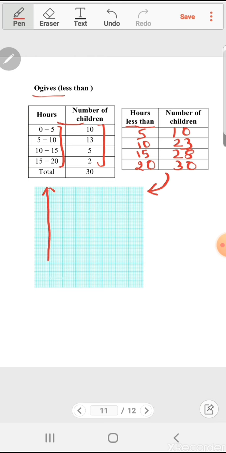Now we have to draw this data on the graph. Again, let's recall that we take frequencies on y-axis and we take class intervals on x-axis. So demarking x-axis from 0, 5, 10, 15 and 20.